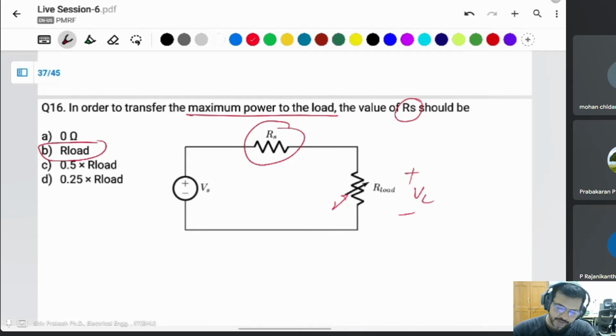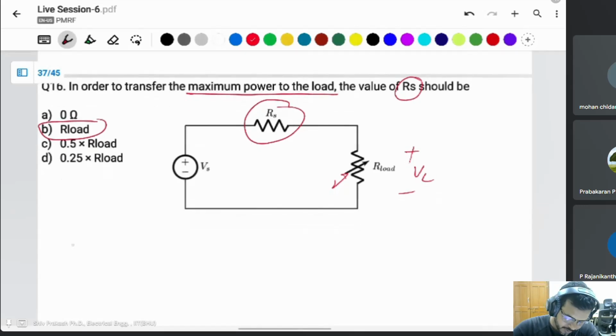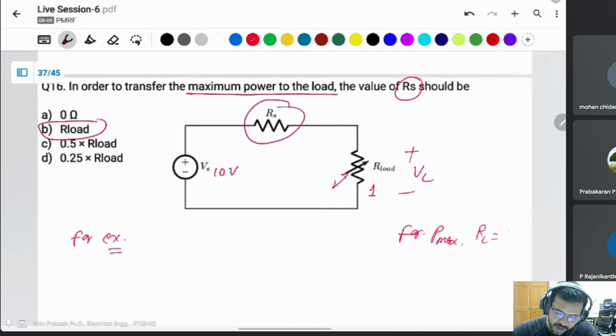Okay, let's take an example. Suppose this will be 10 volt. Take this as 1. Then for Pmax, RL is equal to RS.